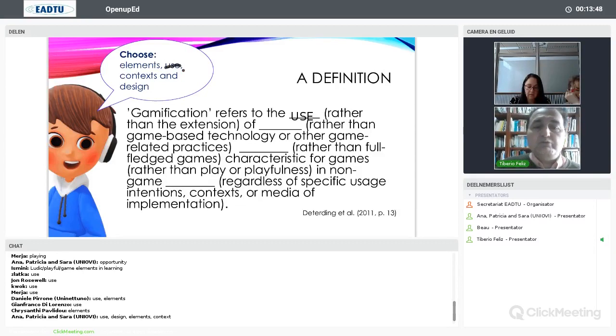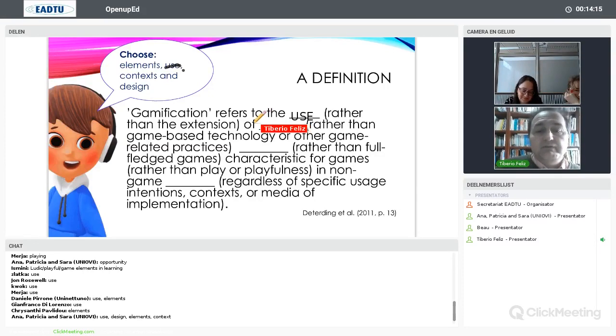And so now we have to choose among elements, context, and design. Okay, so you write the first one of these words, only one word at a time. For the second one, you have to choose one word among elements, context, and design.